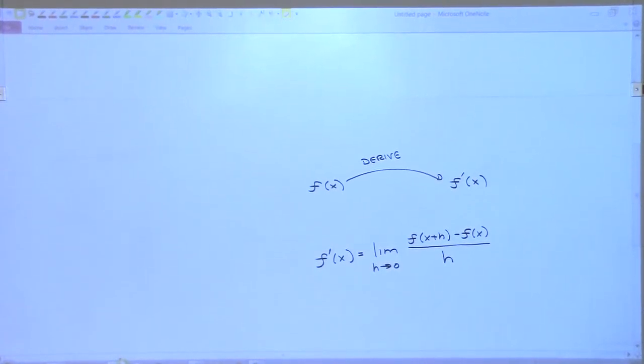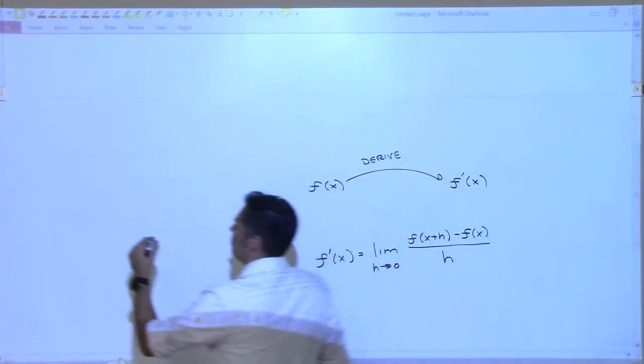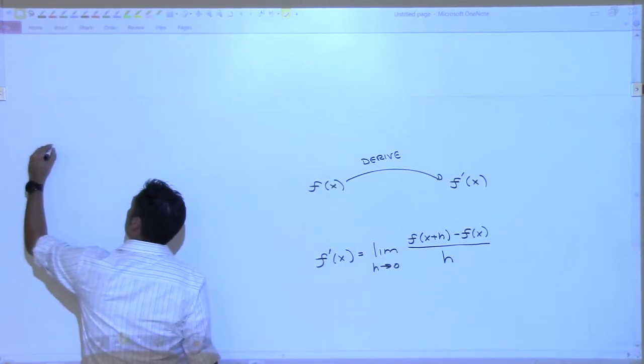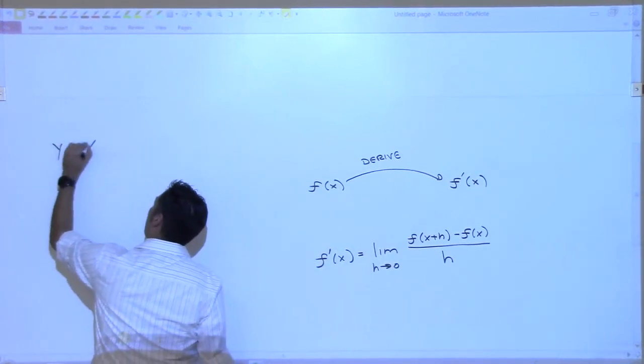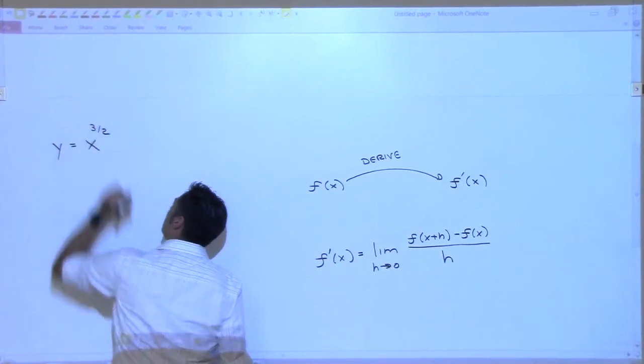All right. Okay, this one looks interesting. How about y equals x to the 3 halves?